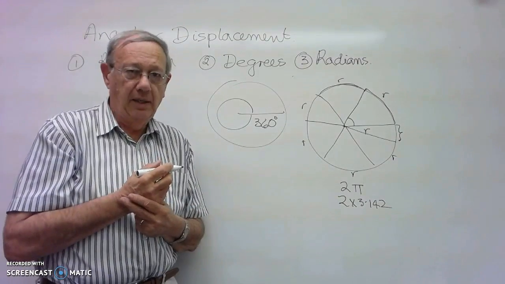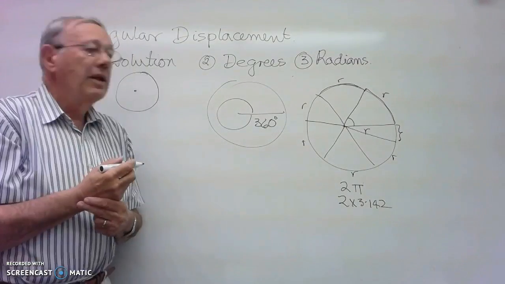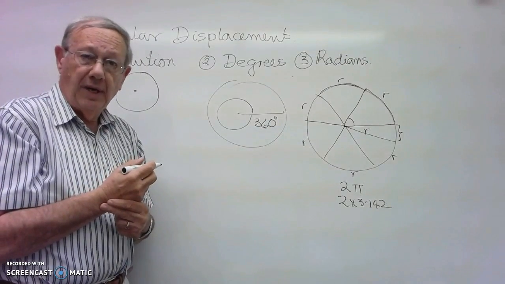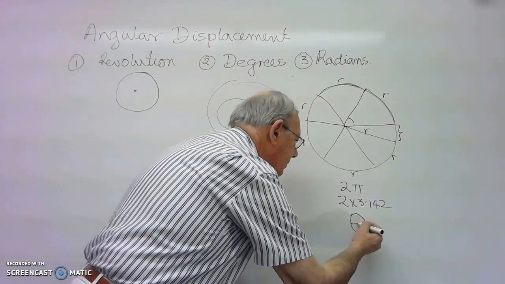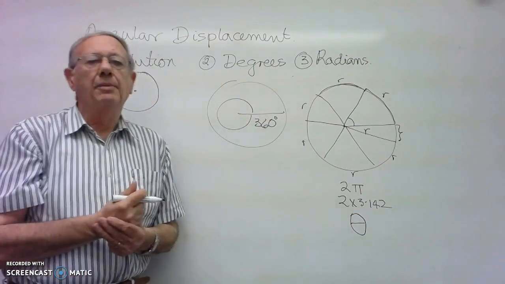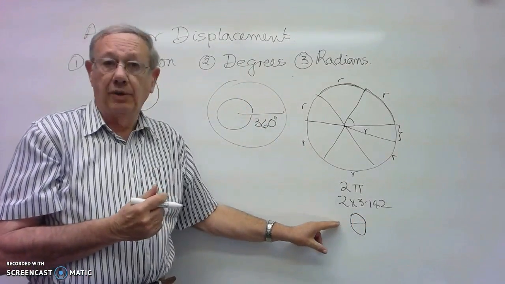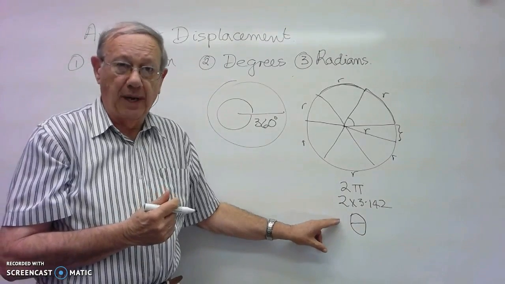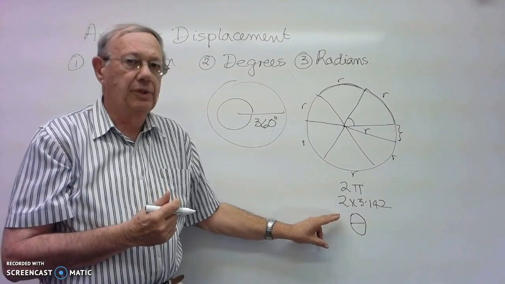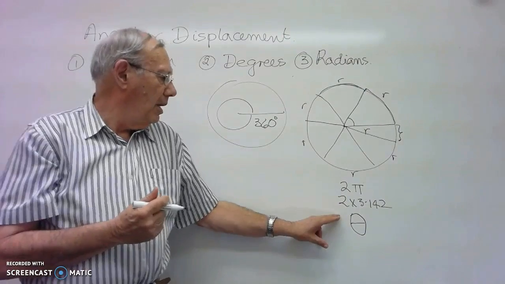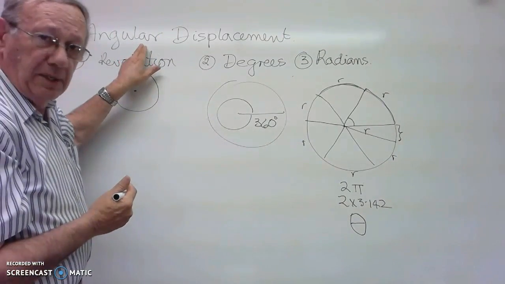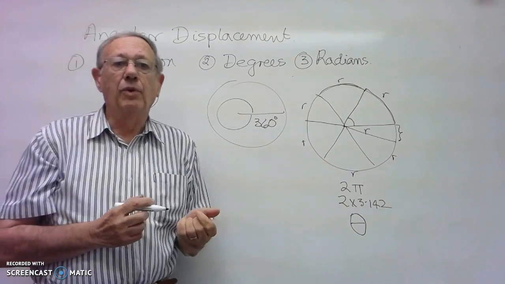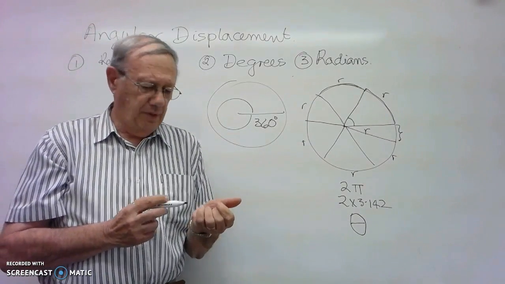It's angular displacement. Now, there is a symbol for the number of radians, and it's this, theta. So when we're seeing theta in this context, it's radians. It's not degrees, it's not revolutions.